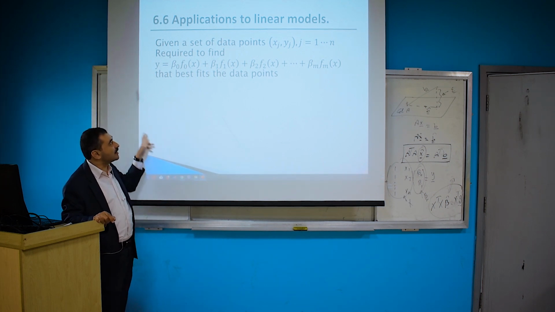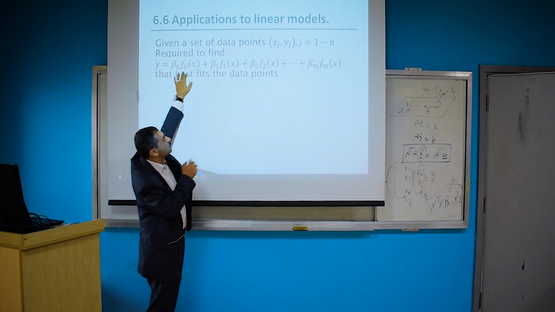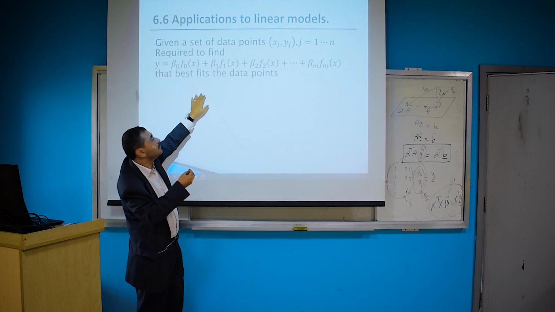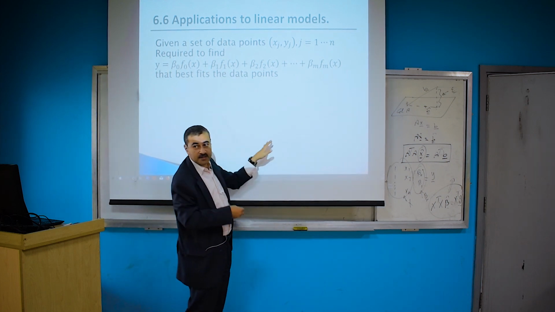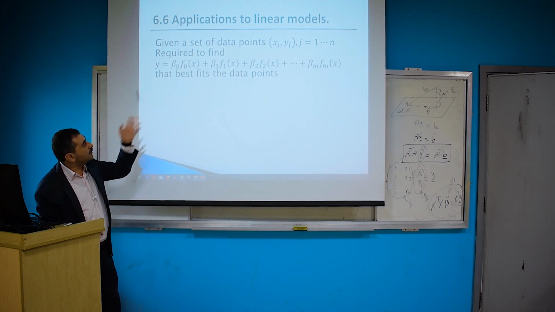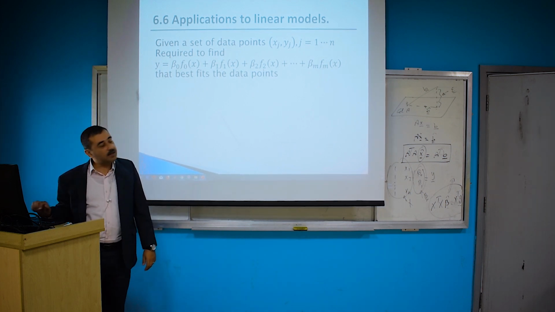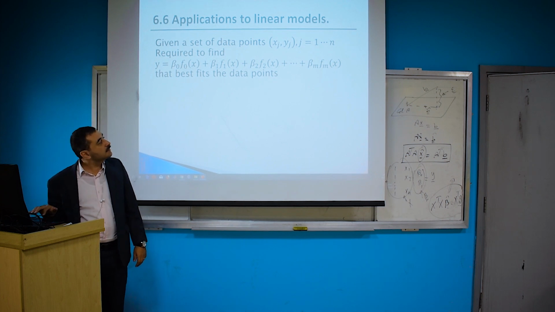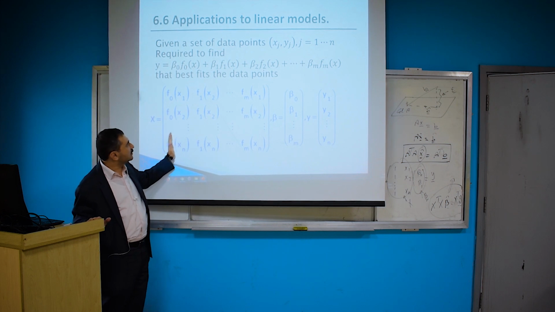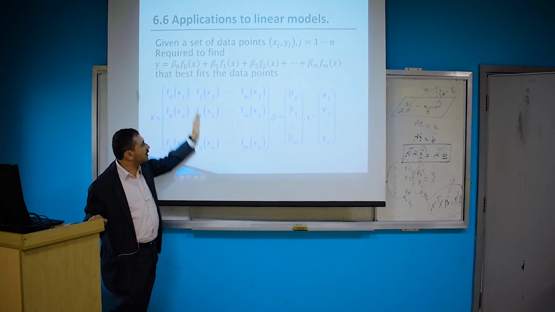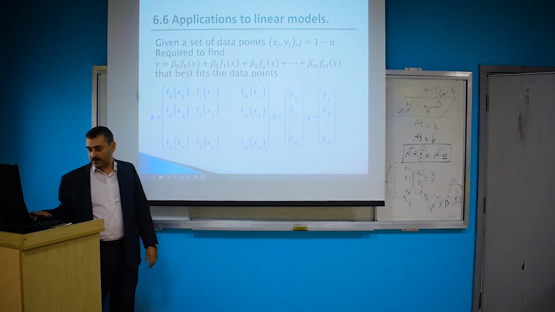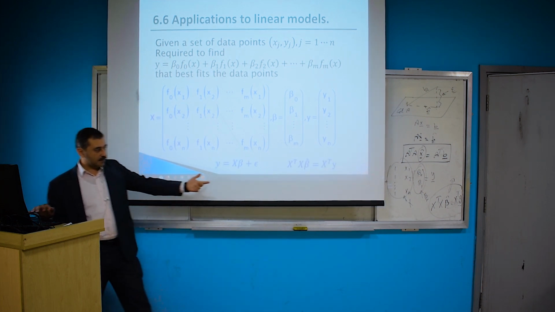So your matrix X would be, the first column would be f naught, the first function at your points, and the second column, the second function at your points, and so on. So this would be your X matrix, and your Y vector is the y of the data points. So you'll get something like this: f naught at all x's, f1 at all x's, and so on. And again the solution is given by this equation.